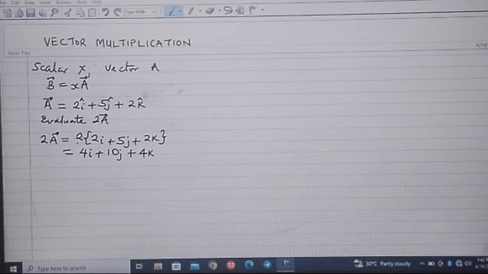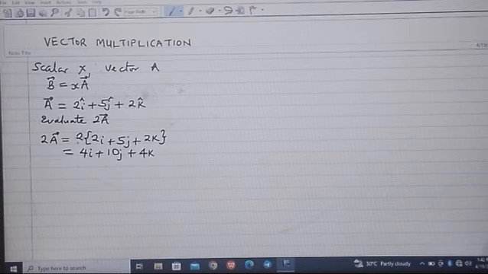We can also multiply two vectors together. If I have two vectors a and b, we can multiply using what we call the cross product or the vector product.